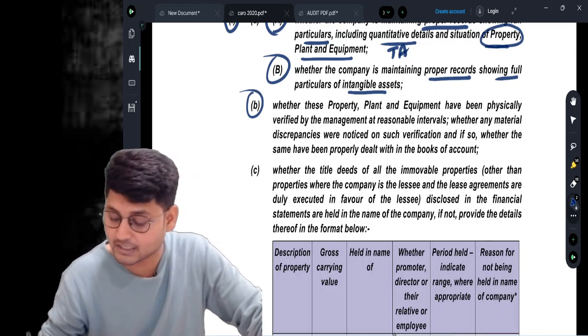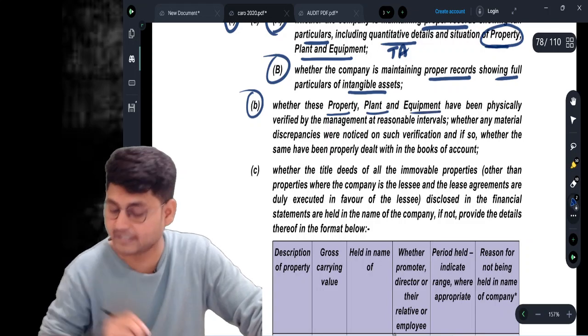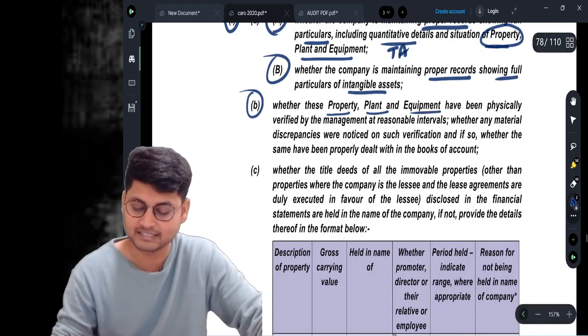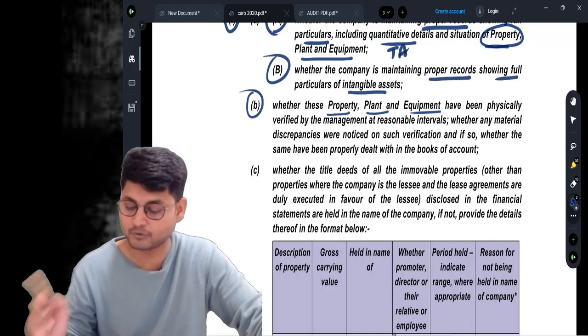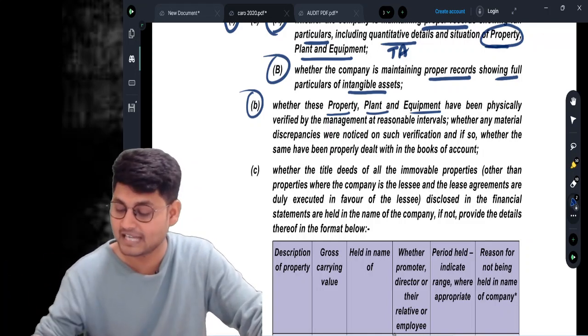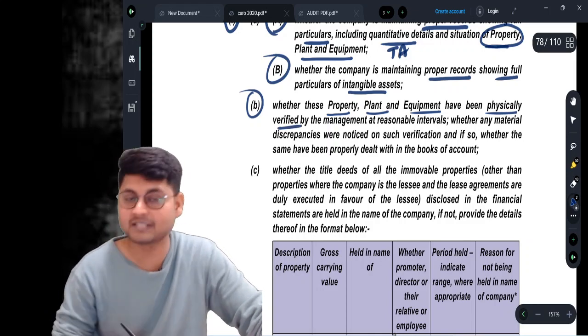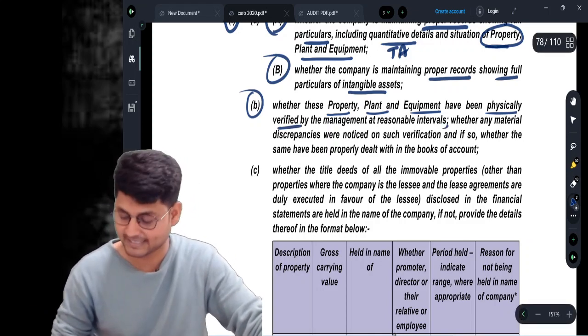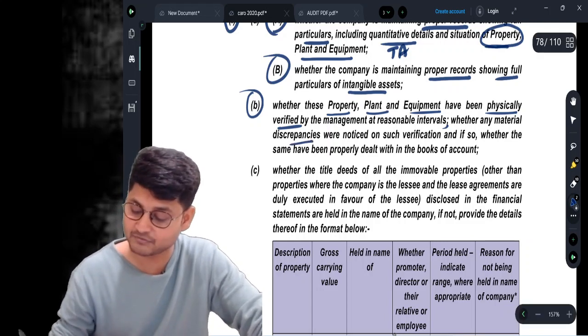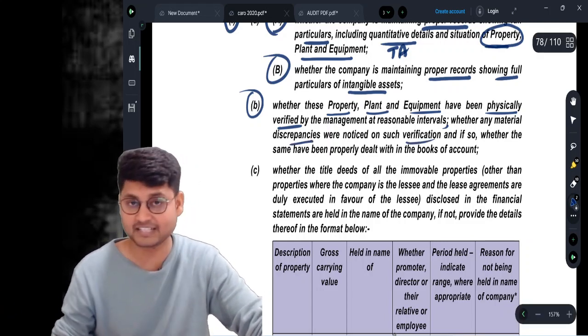Okay, whether those property, plant and equipment, so these are tangibles. See, it is not talking about intangible, they are talking about property, plant and equipment. Okay, PPE, whether this PPE have been physically verified by the management at reasonable intervals. Okay, yes, verified or not. Next one, whether any material discrepancies were noticed on such verification.